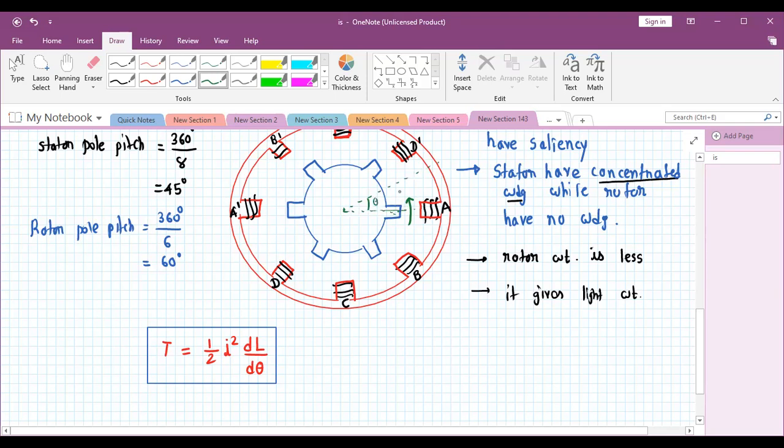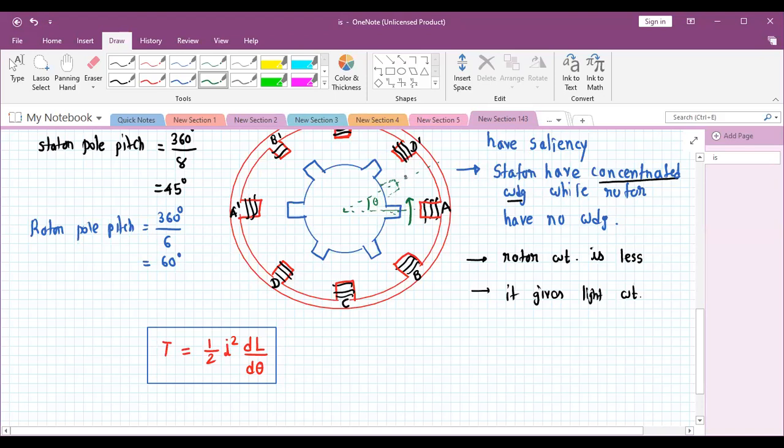Then will the inductance vary or not? See, when this particular pole of the rotor comes over here, will its inductance vary or not? Obviously it varies. Why? Because the flux will vary.